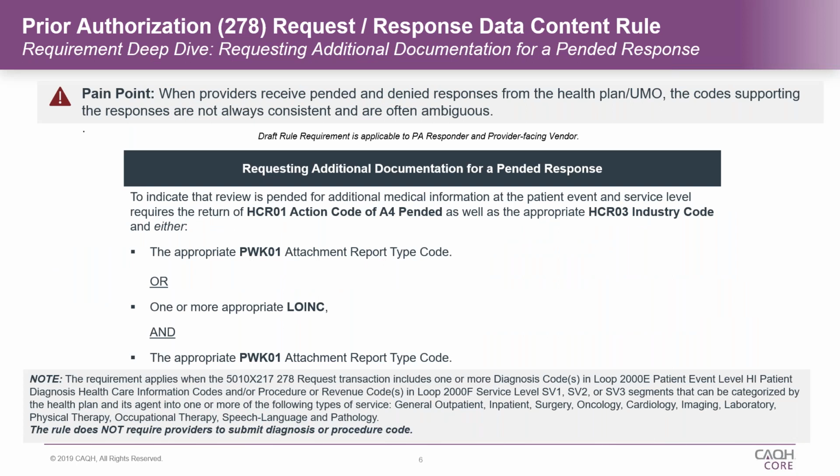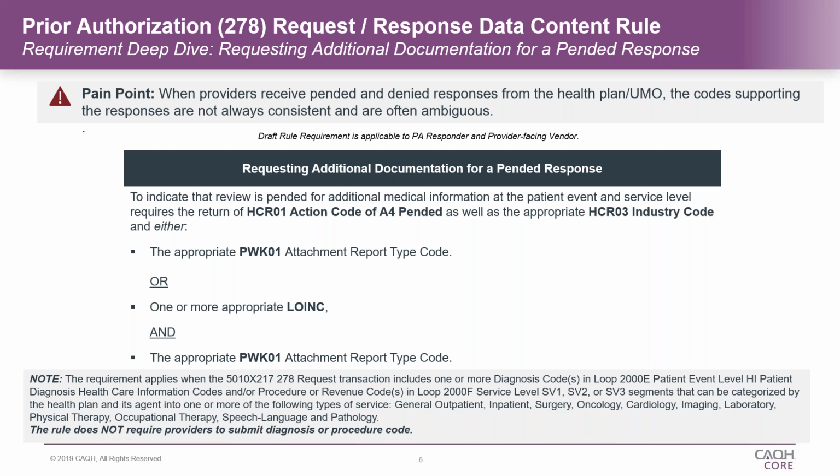The data content rule requirements also address scenarios where the information included on a response does not provide sufficient detail to know why a request was pended and what information a health plan needs to resolve the pend.